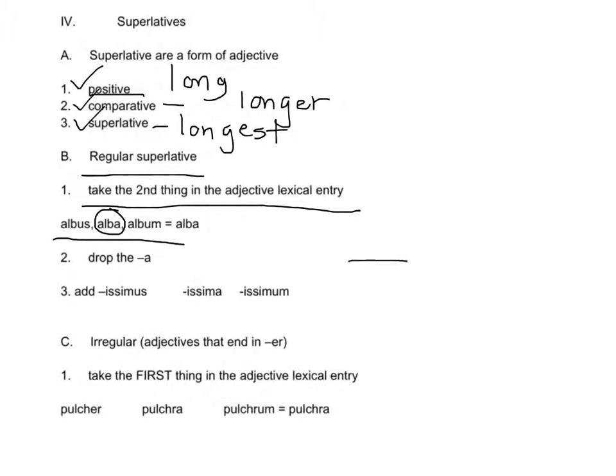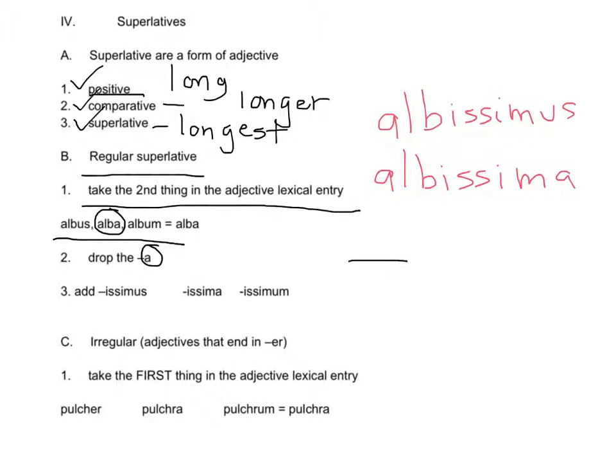You drop the A off the end of it, because all the feminine forms will end in an A, and then you add issimus, issima, issimum. You've already learned this in a previous lesson. It'd be albissimus for the masculine nominative singular, and then it'd be albissima for the nominative singular feminine, and albissimum for the neuter singular.